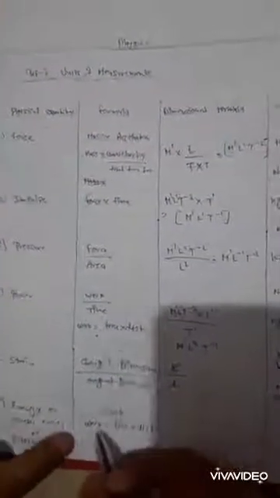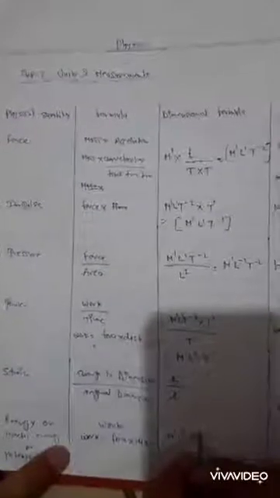and we even derived the work dimension, that is M1 L2 T minus 2. So it will give you a unit that will be kg meter square per second square, or you can write it as joule.